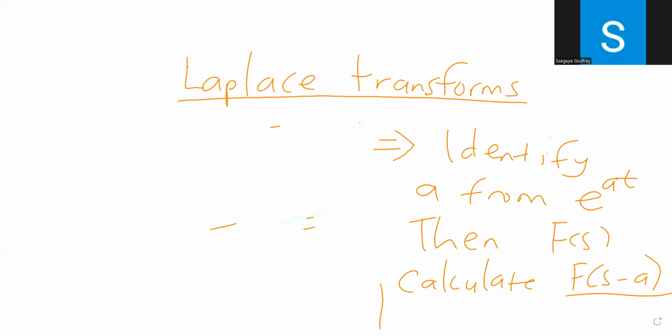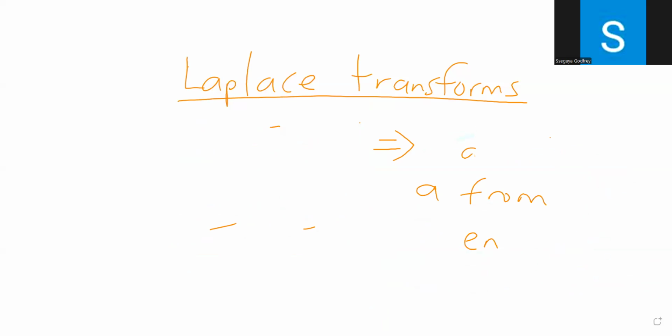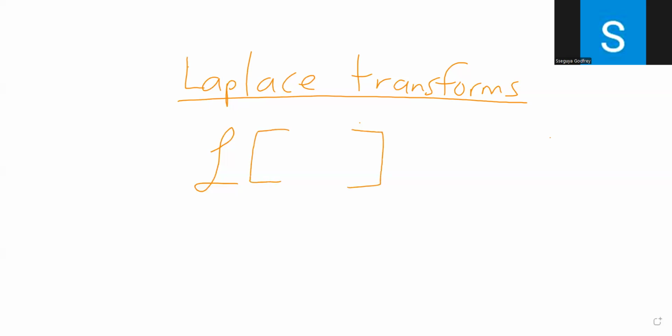And if we leave that, we are going to find the Laplace transform of f(at). It will also come from the Laplace transform of f(t), which is equal to F(s).